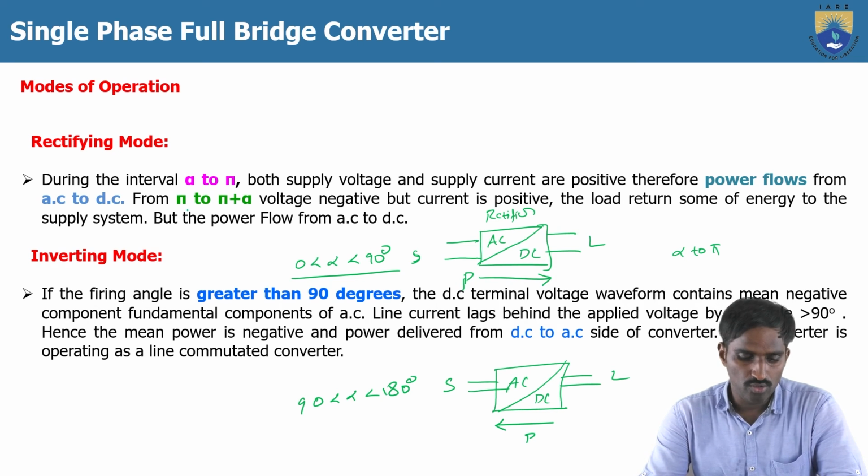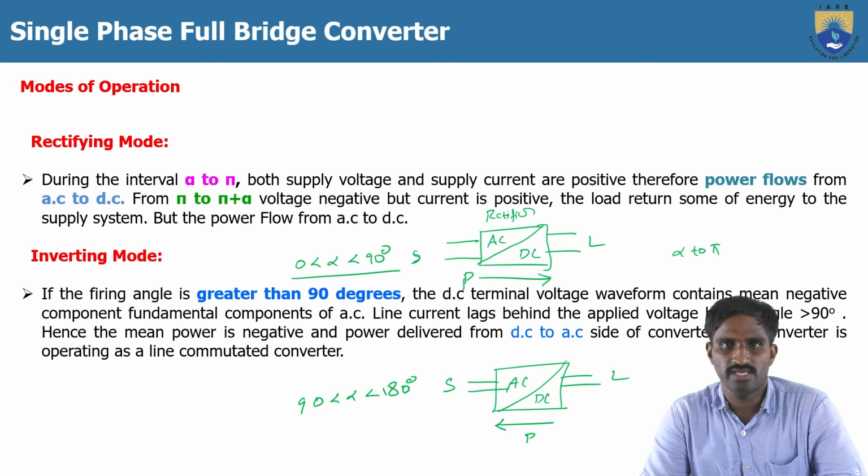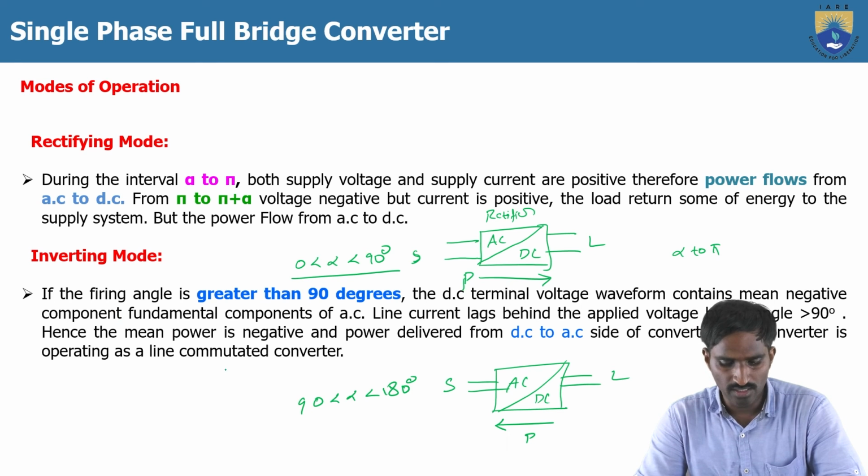So again, by changing the alpha value, that is the firing angle value: if you consider the alpha value in between 0 and 90, then you can operate it in rectifier mode, which means the source will supply to the load, and when alpha is in between 90 and 180, then the load will supply to the source.